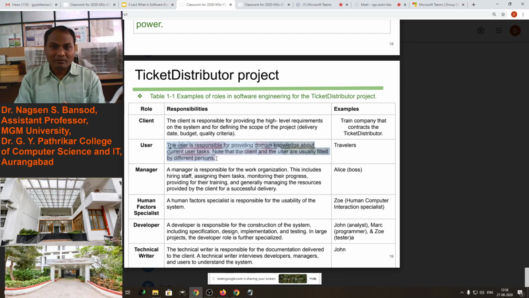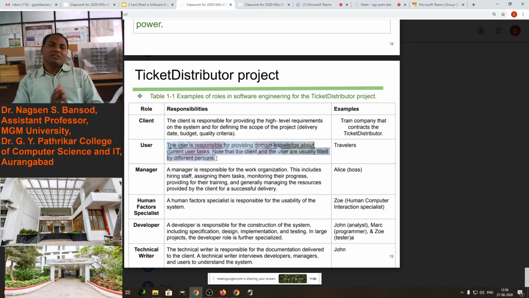Then who is the authorized person to take software? Their manager, the depot manager, may take some software for their system, for their organization.